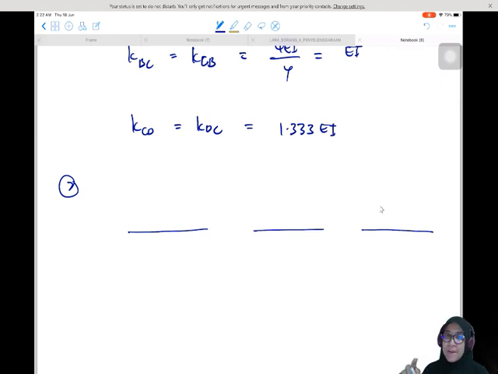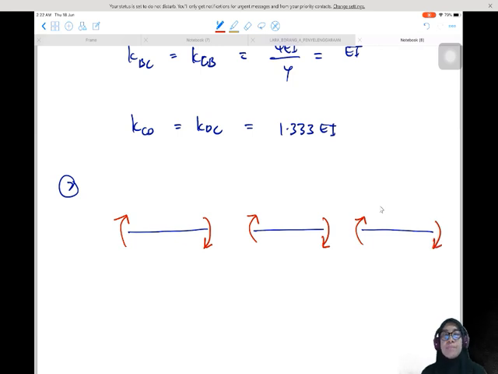By the definition of sign convention, the member end moment is like this. For one beam, there are 2n, so for one beam there are two member end moments.